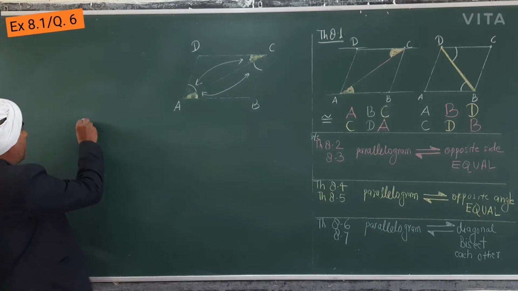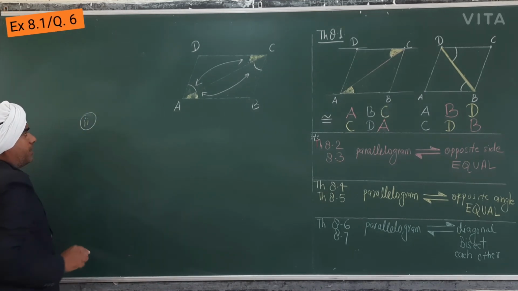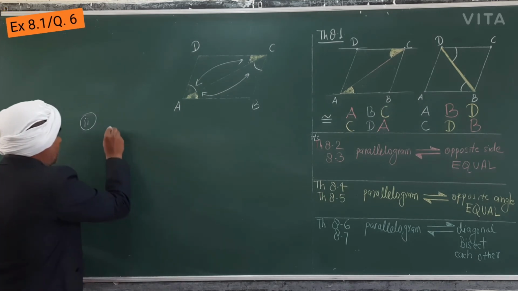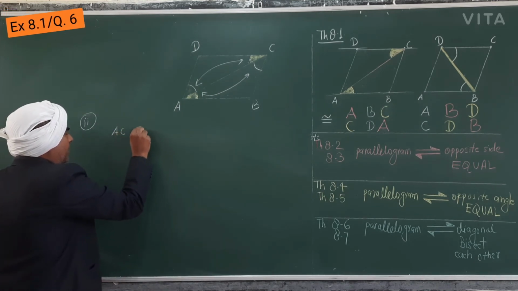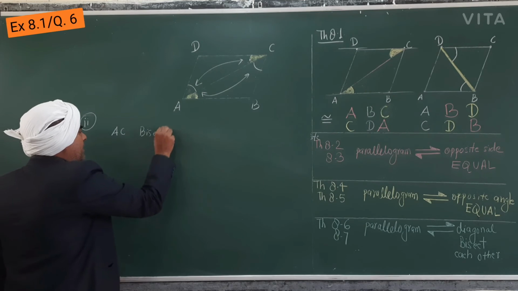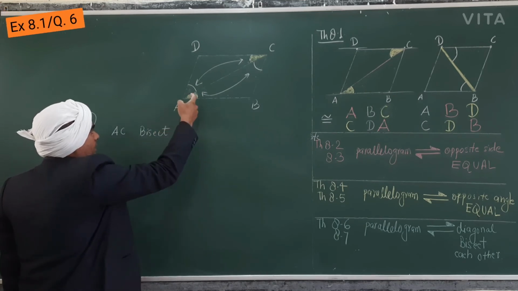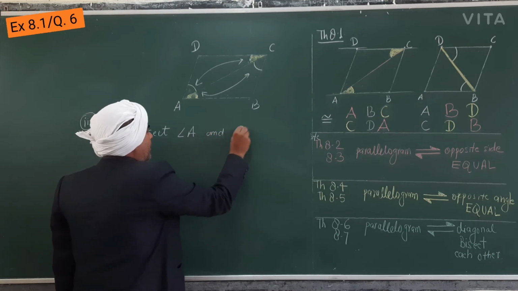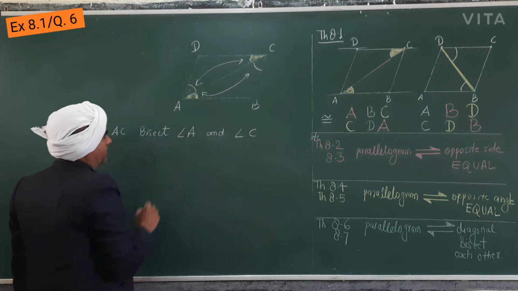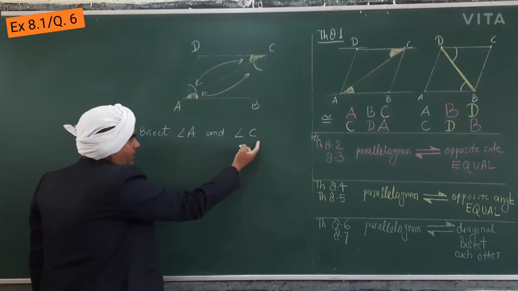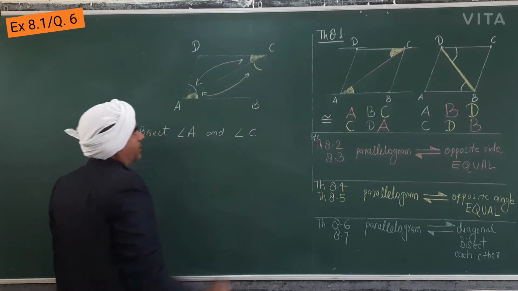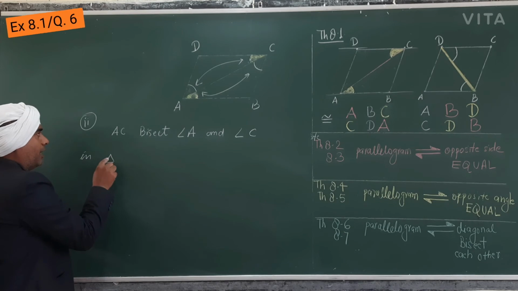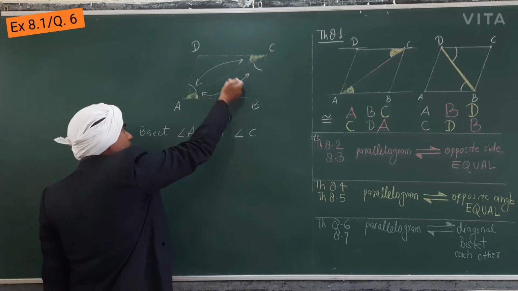So second part. In second part we have proved now these all are equal. So write AC bisects angle A and angle C. In triangle, you can take this triangle or this triangle also, anyone.